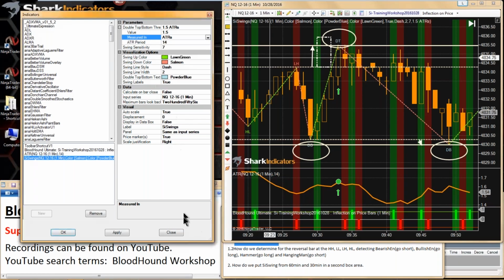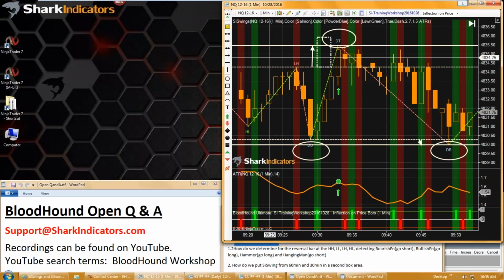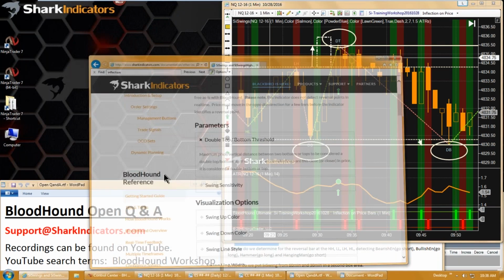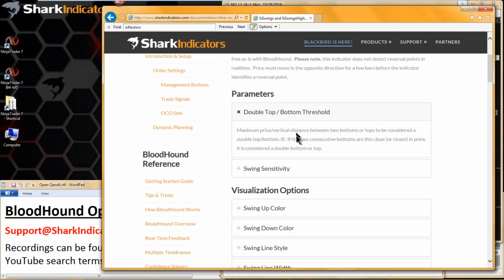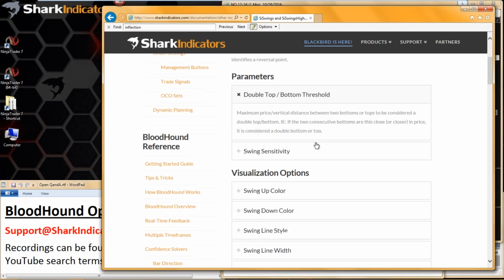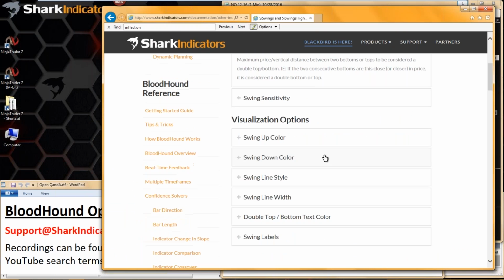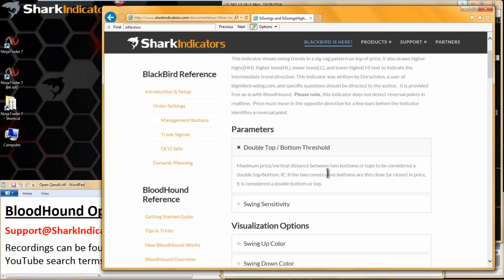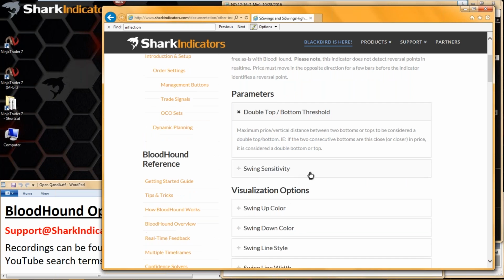If you want to see an explanation of that, we do have that on our site as well. So let's pull that up. There's actually no link to it on this indicator. Interesting.